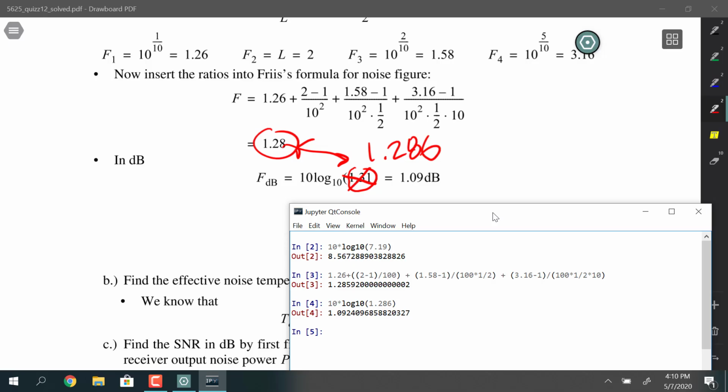So 1.09 dB. It probably didn't make any difference in this problem. 1.28 and 1.31 probably still came out to be about 1.09 is my guess. Nope, it is bigger. So, yeah, my mistake in that solution.